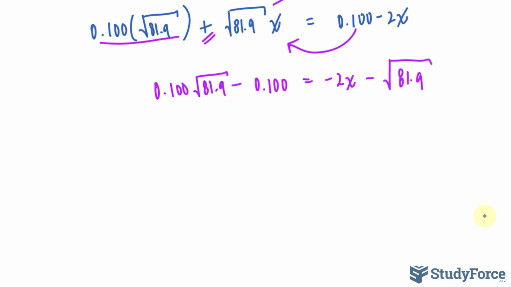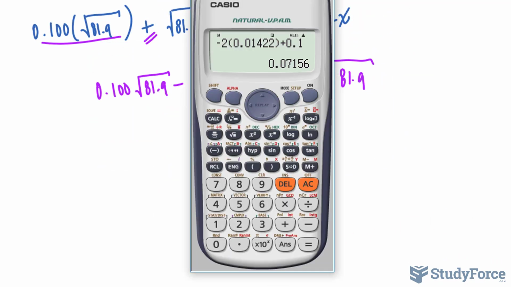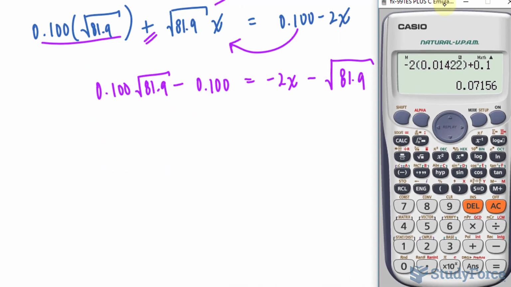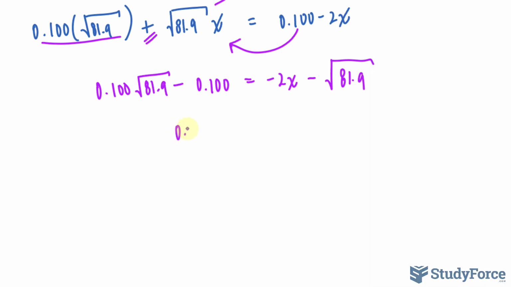All we're doing here is basic math, coupled with, of course, chemistry. So on the left side, we have 0.100 times the square root of 81.9. That covers the left side after we subtract 0.100. We have 0.804, let's include a few more numbers, 98.